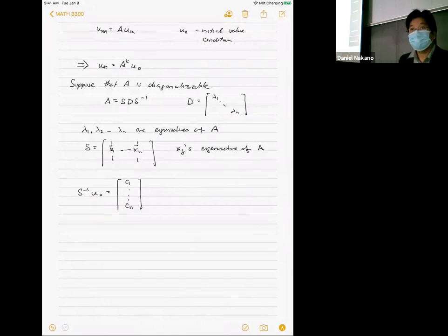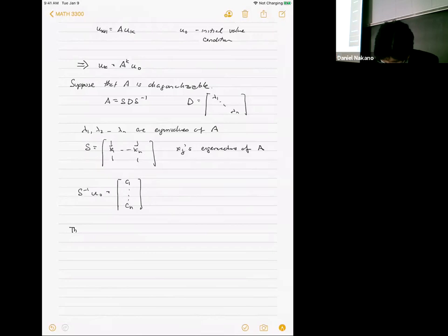Once we have this set up, we saw that the solution of the difference equation can be expressed in terms of the x's, the c_i's, and the lambdas, where the lambdas are taken to certain powers.